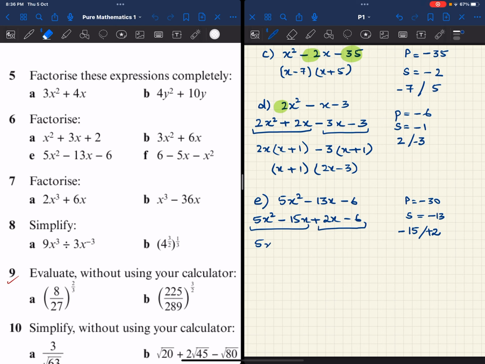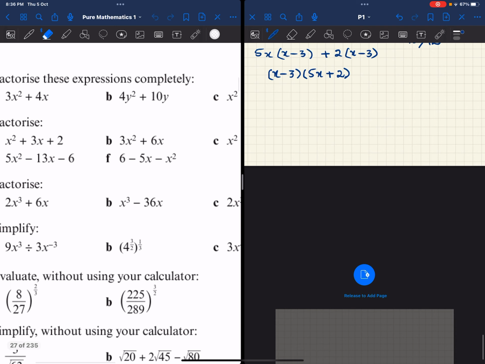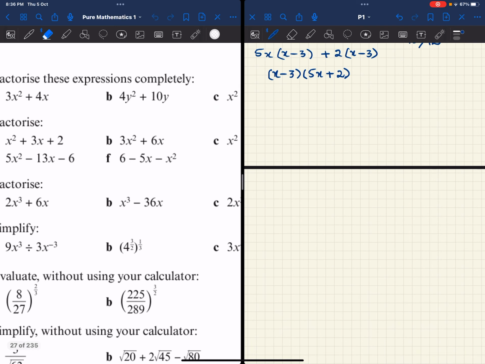We have 5x into x minus 3 plus 2 into x minus 3. Again, my brackets are identical, which is an indication that I'm going correct. So remove x minus 3 common out from the first and second term. What is left is 5x plus 2. And that's our answer.